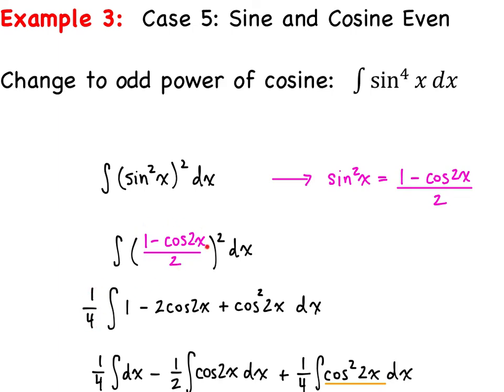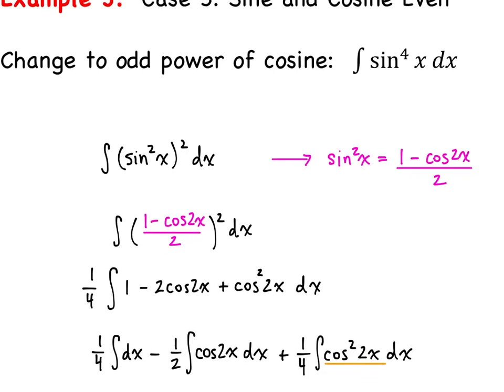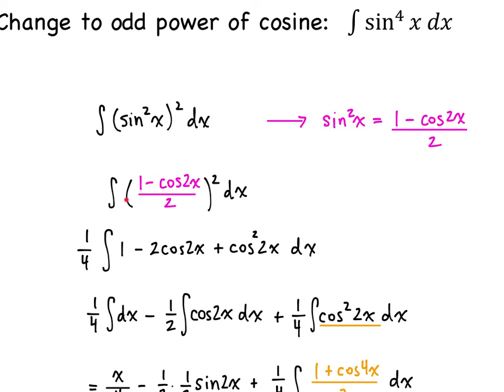And then squaring this binomial, we have the integral of 1 minus 2 cosine of 2x plus cosine squared of 2x dx. If we break it up, 1/4 times the integral of dx, I can pull that 2 out, that's where we get the 1/2 of the integral of cosine of 2x dx, and then the 1/4 times the integral of cosine squared of 2x dx.